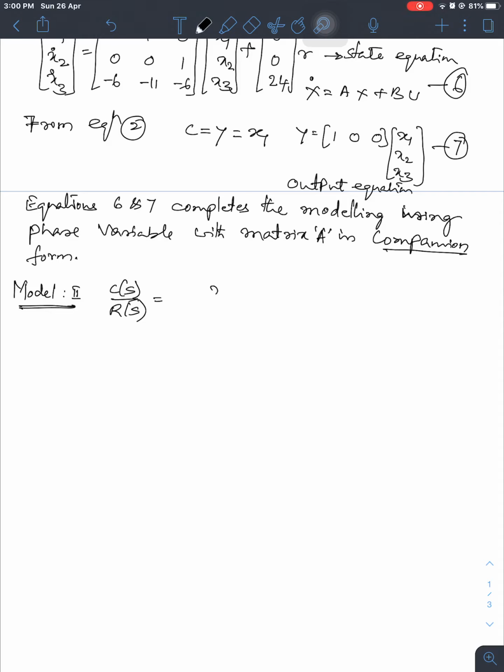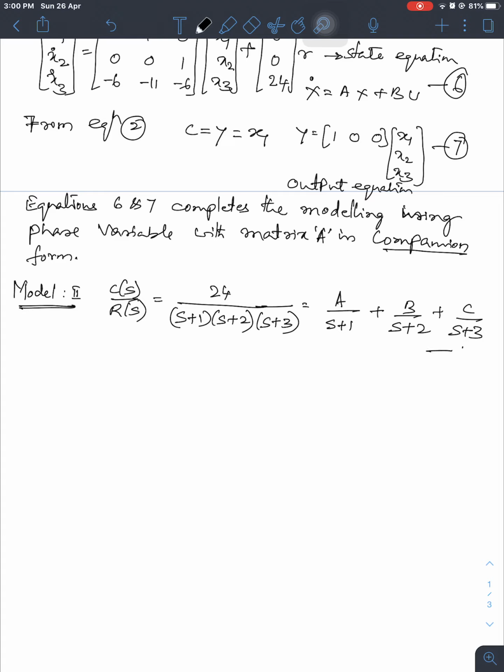This is 24 divided by s plus 1 into s plus 2 into s plus 3. So the given transfer function is written with the denominator in the factorized form. So we will try to write this as A upon s plus 1 plus B upon s plus 2 plus C upon s plus 3.